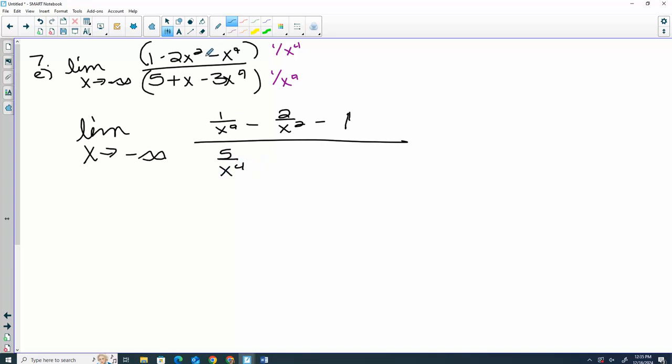Because it was a 2x squared divided by x to the 4th. Oh, we do it by the highest power. Yes. I said high, I don't know what I said. Yeah, you said low. I tried to say highest and then I said lowest and then I just got confused.